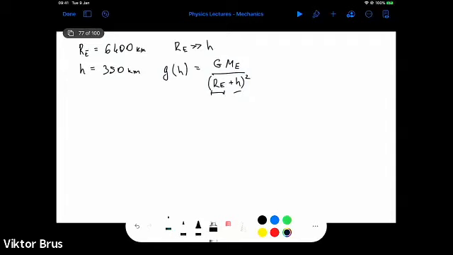However, you see that the astronauts and other objects in the International Space Station don't experience gravity. They are flying, and these water drops are making spheres in the air, so they don't experience gravitational force.